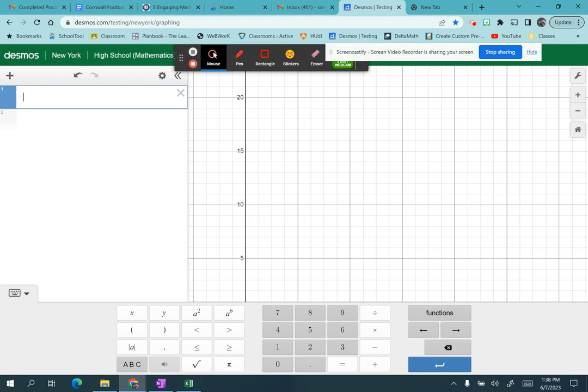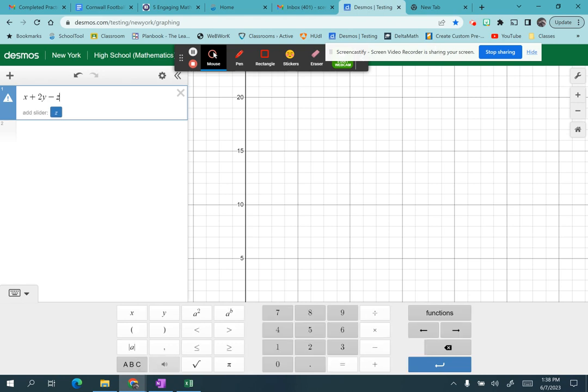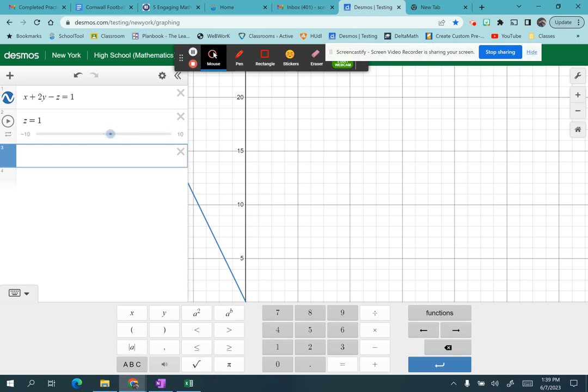To do this using Desmos, we're just going to type the first equation in: x plus 2y minus z equals 1. And we're going to hit enter, so we add that slider.